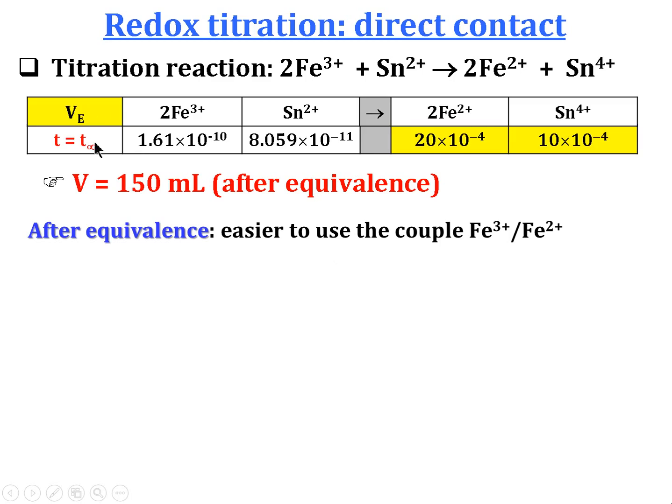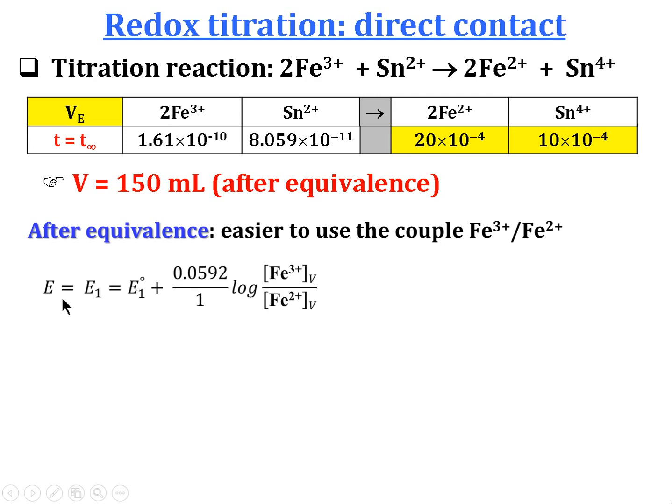So at V equivalence, we calculated the number of moles of all species, and the number of moles of Fe2+ is equal to 20 × 10^-4, and after V equivalence, no new Fe2+ ions will be formed, since the reaction is stopped. No reaction after V equivalence, and we will have Fe3+ in excess.